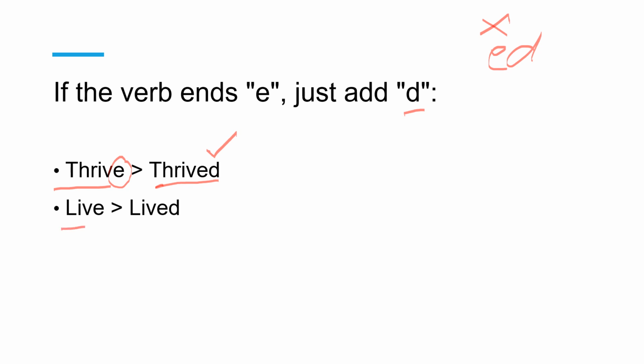Another example is live. Live is converted to the simple past form by simply adding d. And the reason is because both of these verbs are ending with e. If you can think of other examples, please write in the comment section.